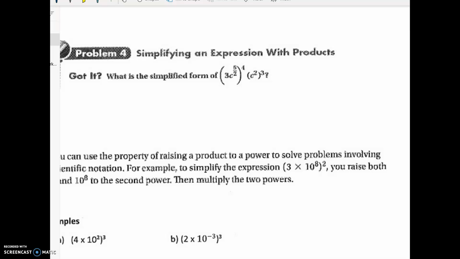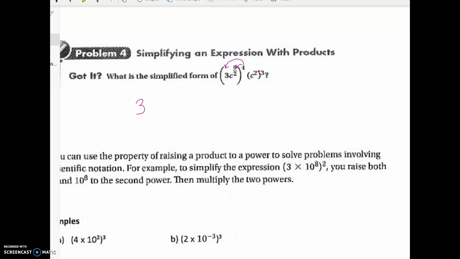Again, more of a complex expression, and it doesn't matter if it has a fractional exponent, or I should say a rational exponent or not, we still use the same rules. So I have to distribute the 4 to both of these values, and then since it's a power raised to a power, I know I've got to multiply those together.